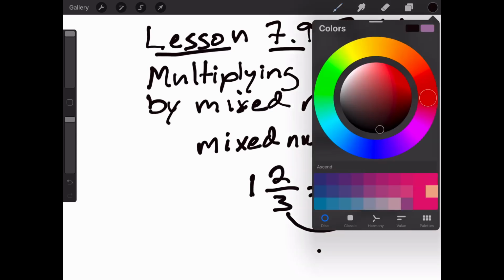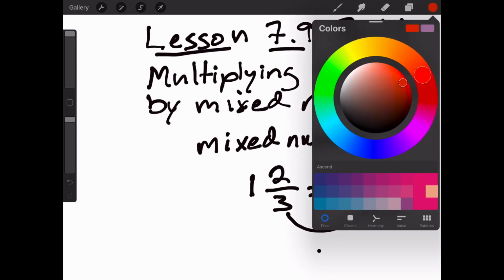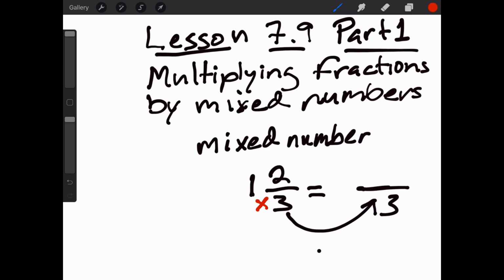What you're going to do first, okay, is you're going to multiply 3 times 1. So you're going to multiply your denominator times your whole number. So 3 times 1 equals 3, okay?